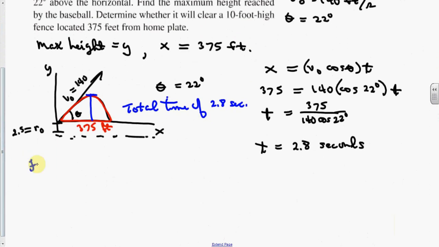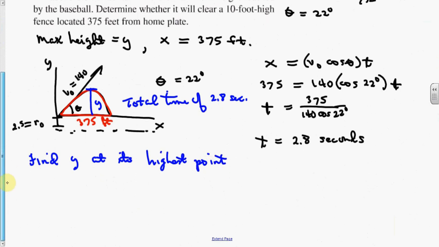So we need to find y at its highest point. Well, let's see.